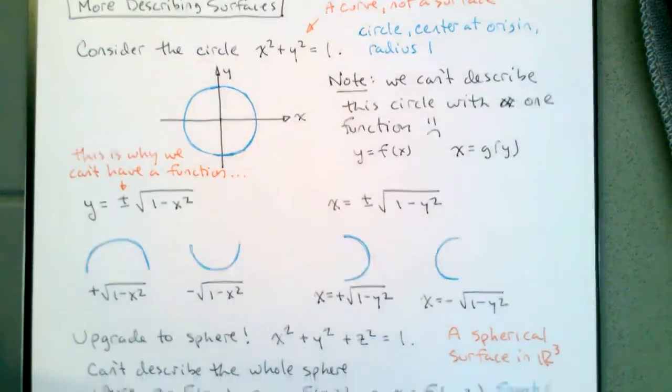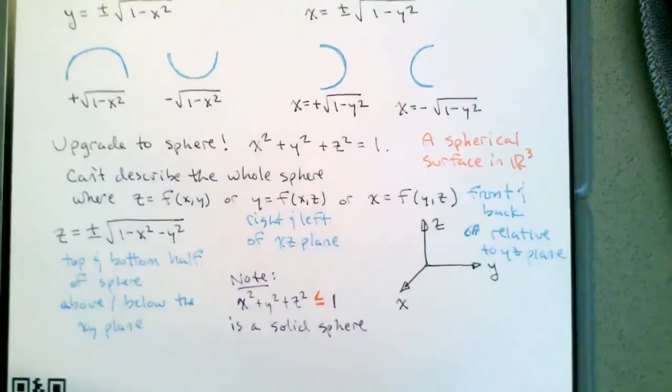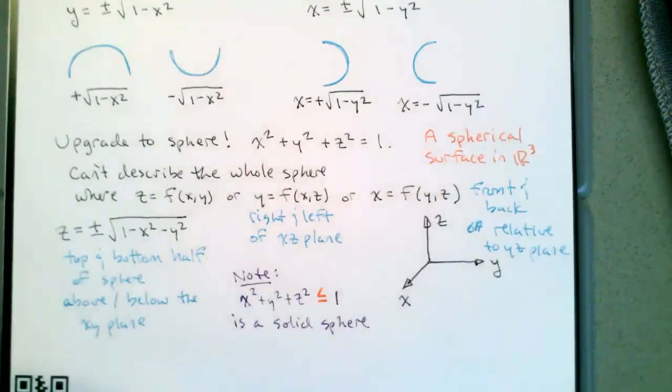And then the same thing happens when we're dealing with a sphere. X squared plus y squared plus z squared equal to 1 is just that spherical shell, just the outside. If I want to describe a solid with everything inside as well, then I can use an inequality and say less than or equal to 1.